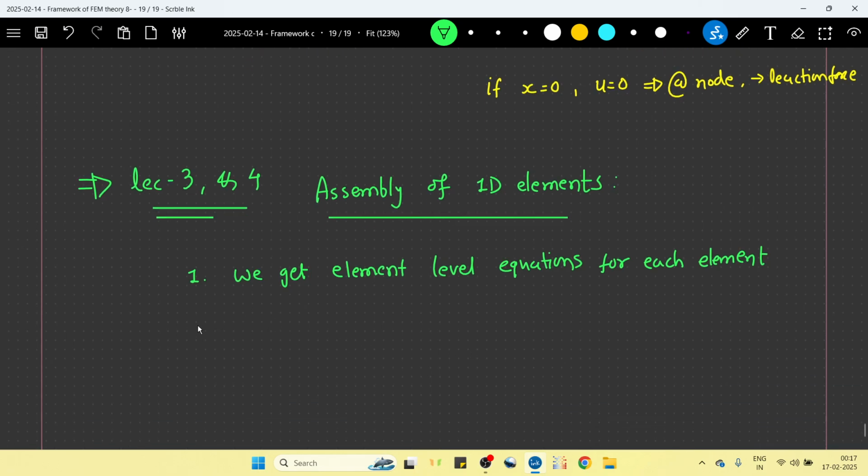Then we perform assembly of 1D elements, right?